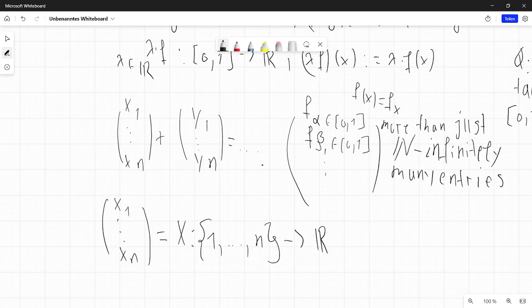That's the same. We just number the components in the vector, which means we assign to each of the numbers 1 to n just some component in R which we can choose, right? But of course it's a certain choice, so x already has fixed assignments. X1 is a number, right?